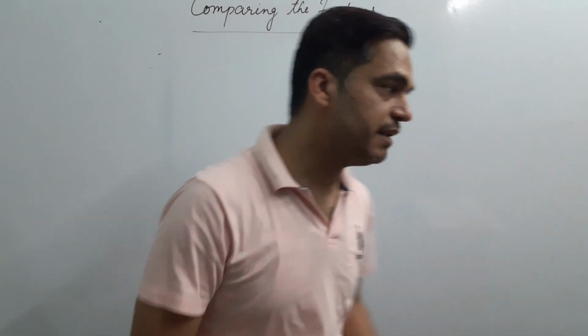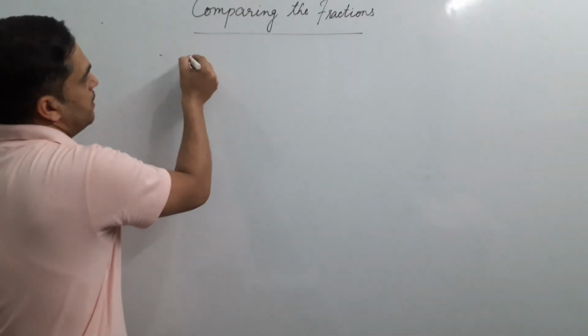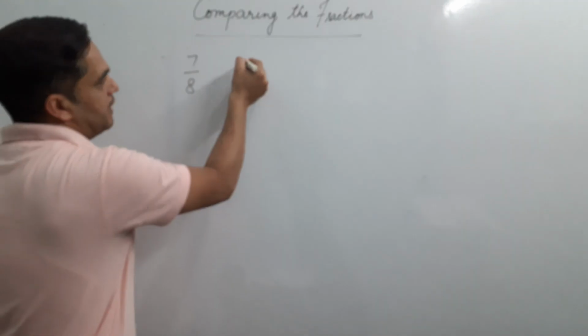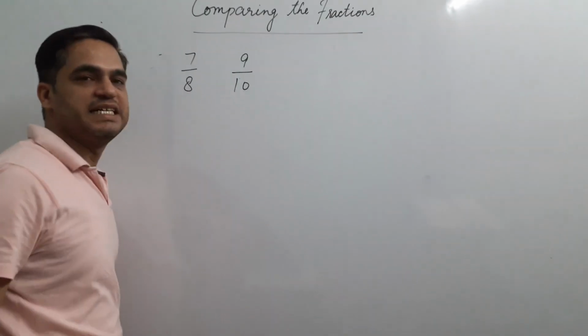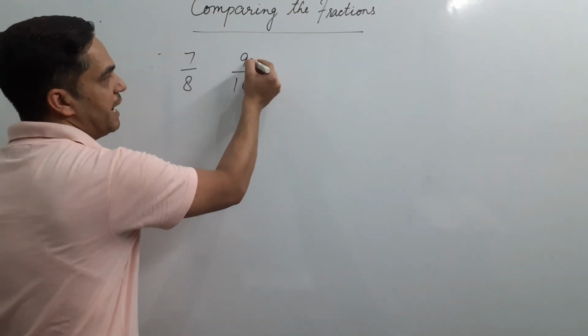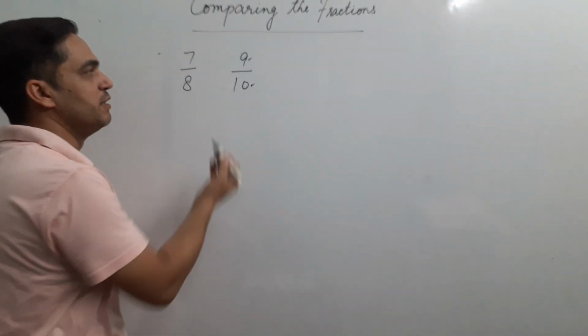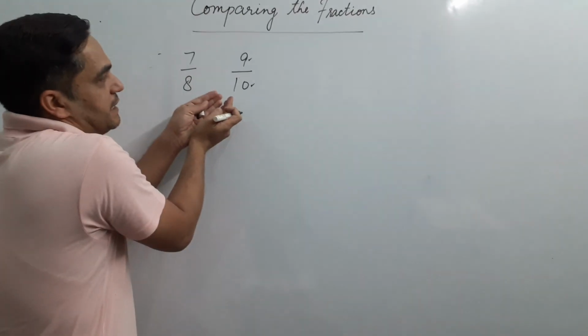There are certain ways to do these types of sums. 7 by 8 and 9 by 10. Which one is greater? You are looking at 9 by 10 and you are thinking that this one is greater. But sometimes the number is not what it seems.